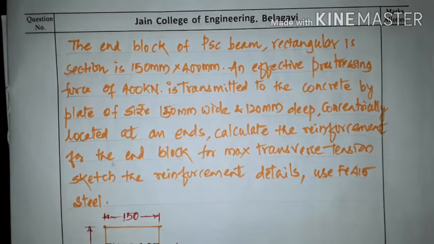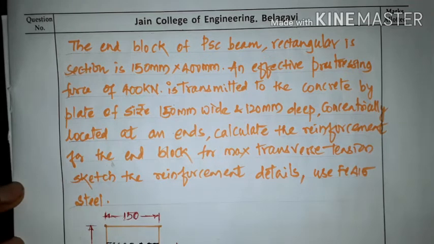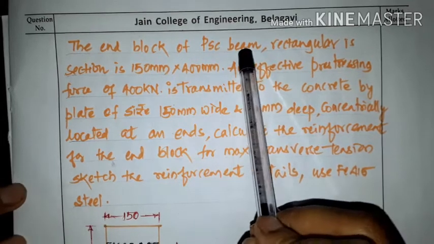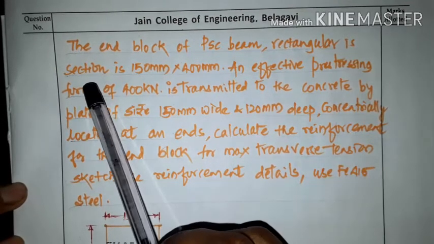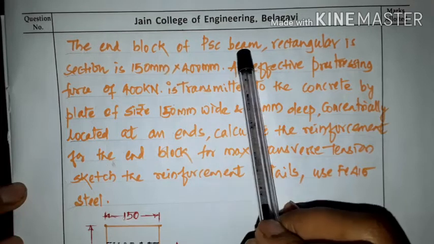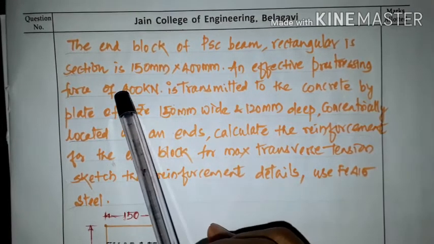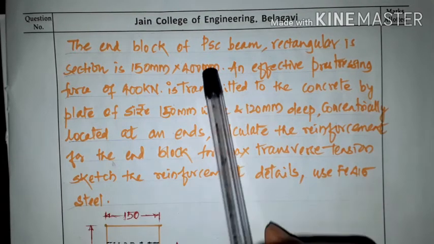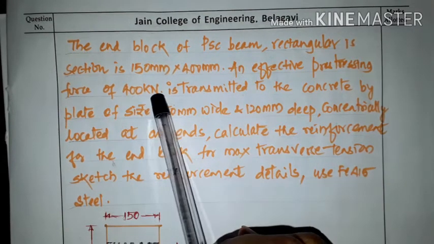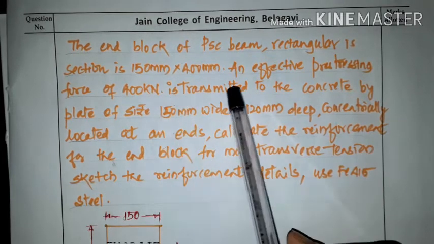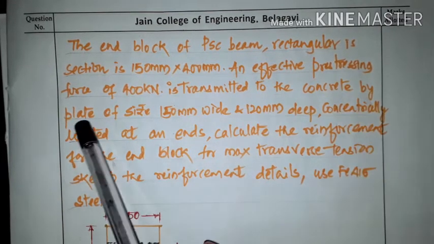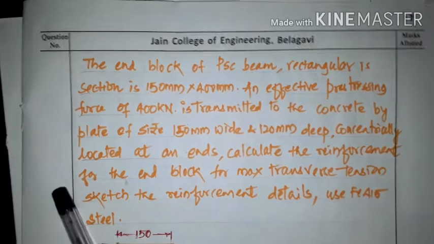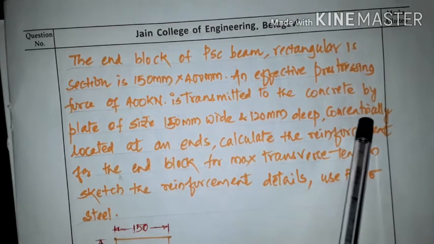I'll read out the problem here. The end block of a PSC beam is a rectangular section, that is 150 mm by 400 mm, and an effective pre-stressing force of 400 kN is transmitted to the concrete by a plate of size 150 mm wide and 120 mm deep, concentrically located.